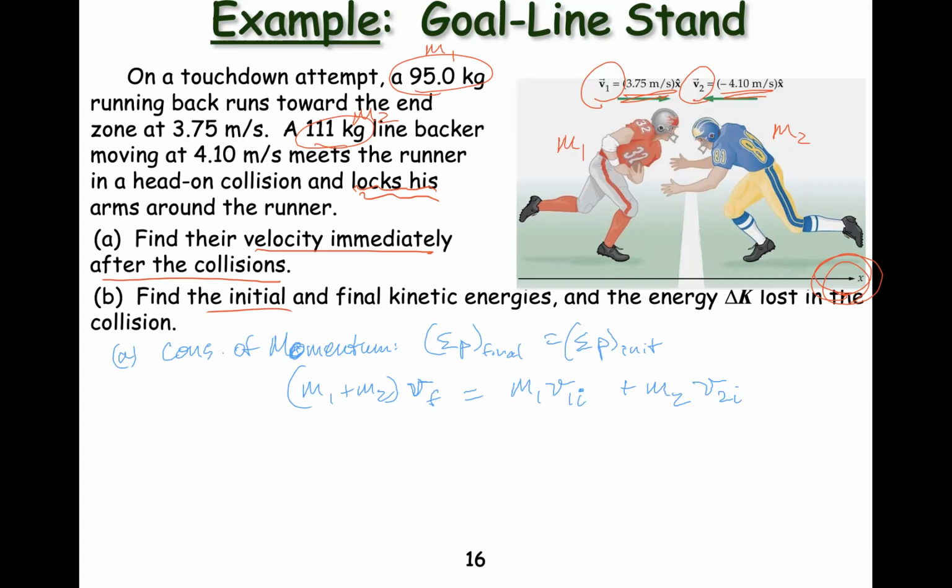We know all of these values except for V final, so now we can just solve. In this case, instead of doing the algebra first, I might just plug in the numbers first.